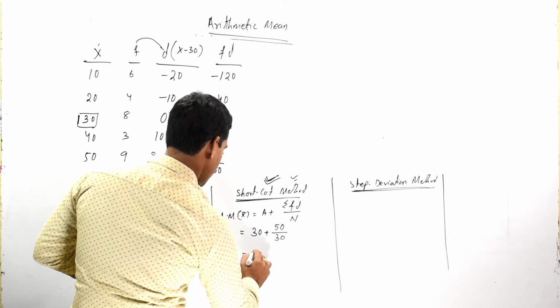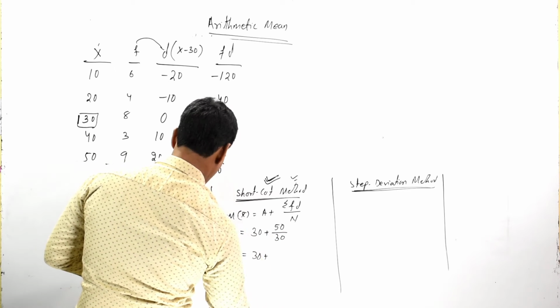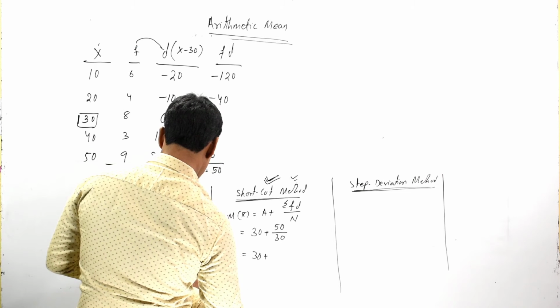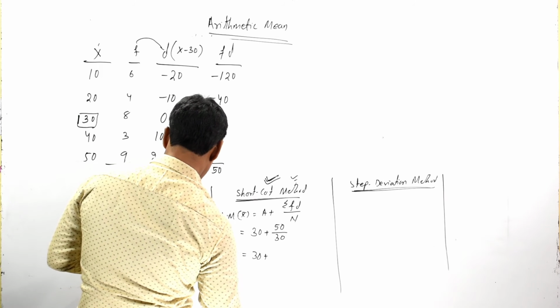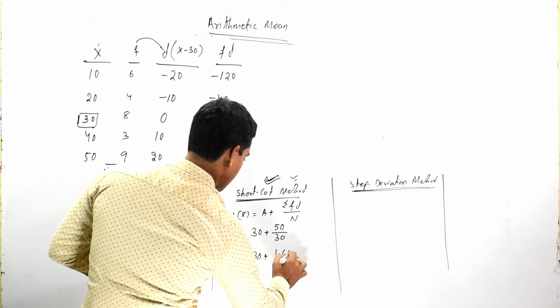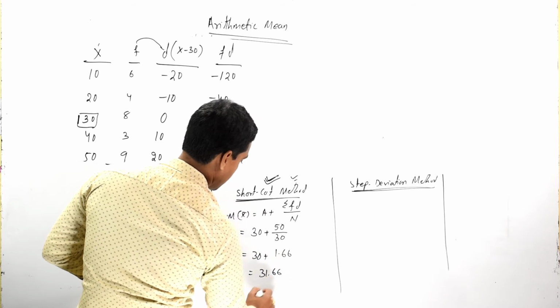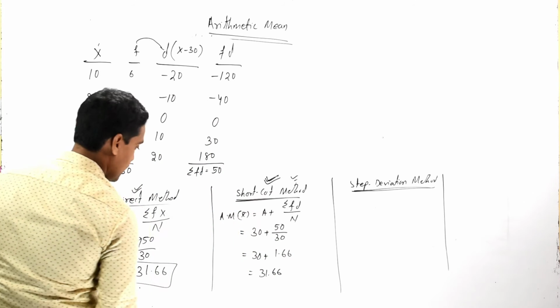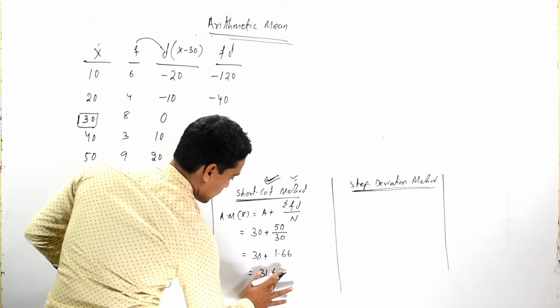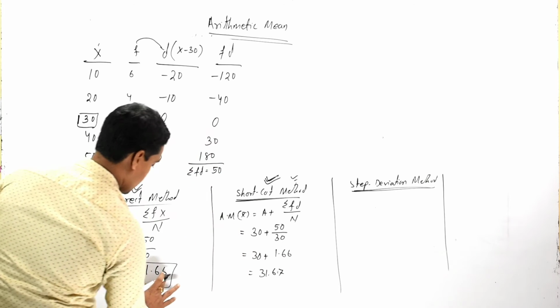So our arithmetic mean is 30 plus 50 by 30 equals 30 plus 1.66, that is 31.66, or we may write it as 31.67.